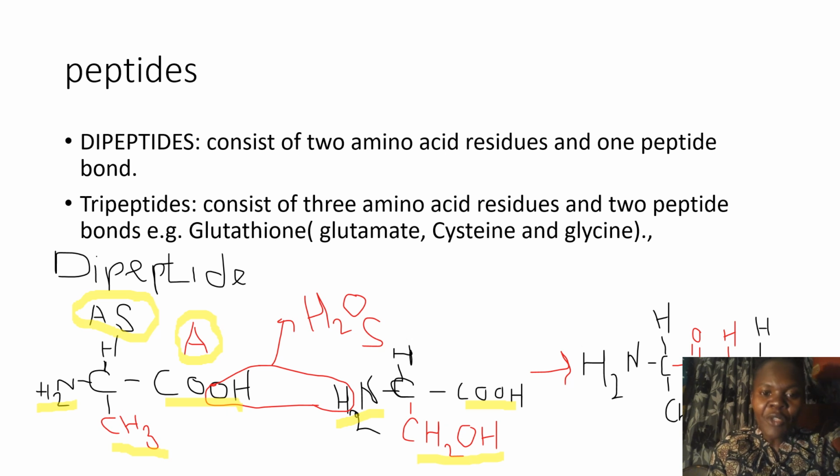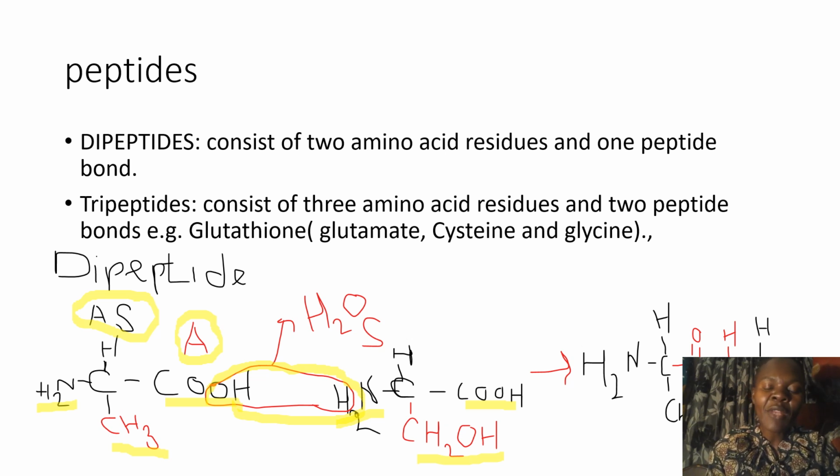Because in the formation of the peptide bond, if you put the R side chain comfortably down here, it's easier to draw the peptide bond. I've mentioned here the OH, carboxyl terminal end of alanine, has to give us the OH, which is released. The hydrogen will come from the amino terminal end of the serine. So the carboxyl terminal end and the amino terminal end will attach themselves, and we have a peptide bond forming there and release of water.